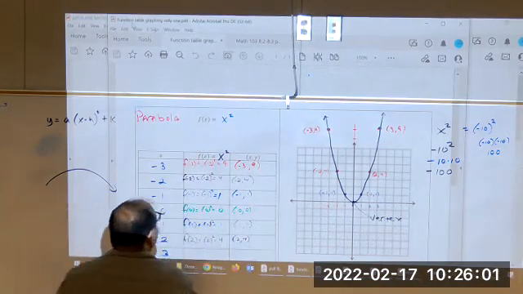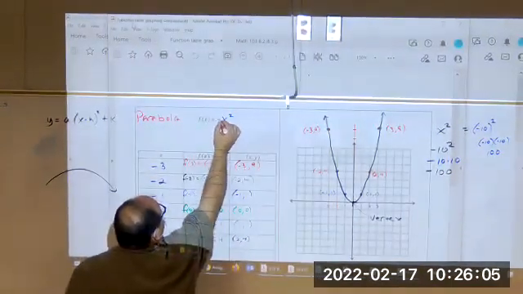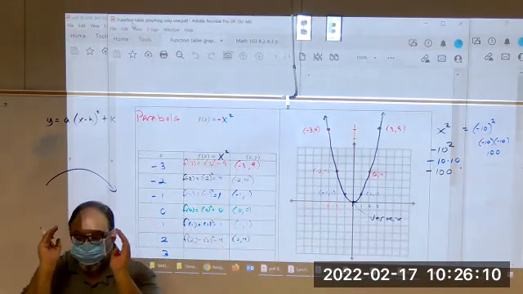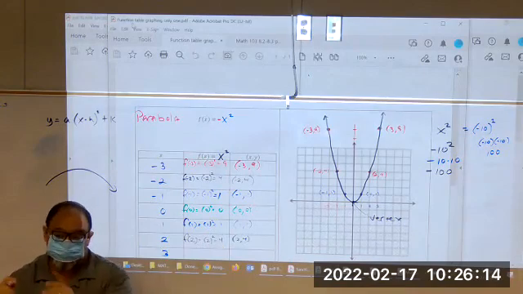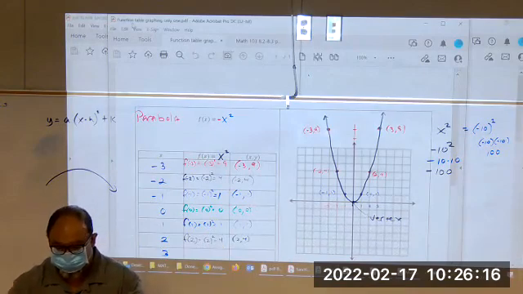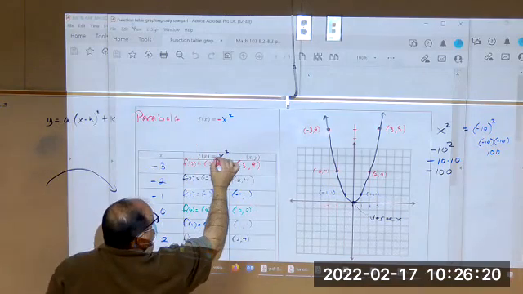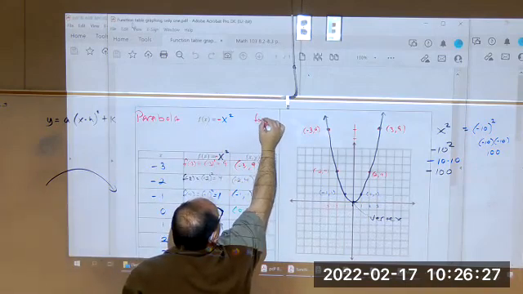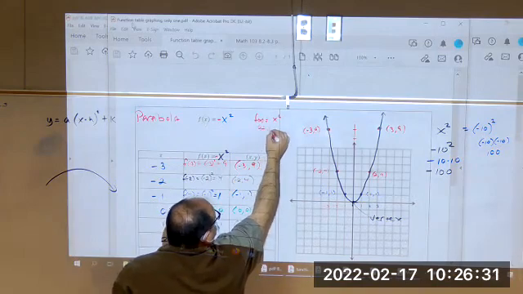Last thing before we take our quiz. If I put a negative in front of the x squared, now remember, is it in a parenthesis? No, it's in front of the square. So when you square something, this negative right here is not getting squared. So before, the original one, just x squared, the a was positive 1.